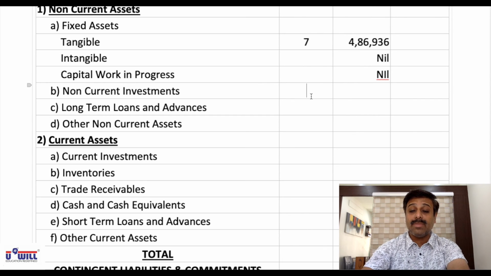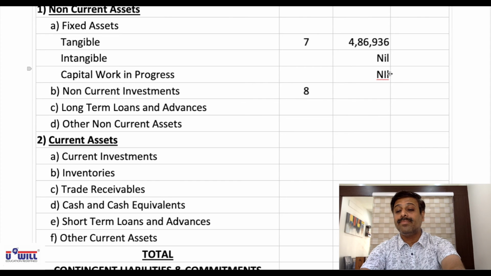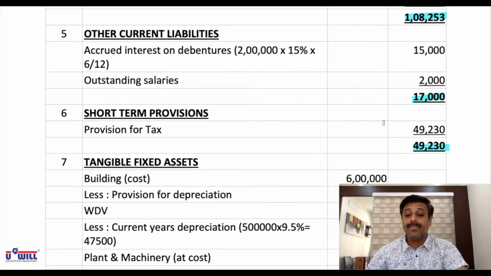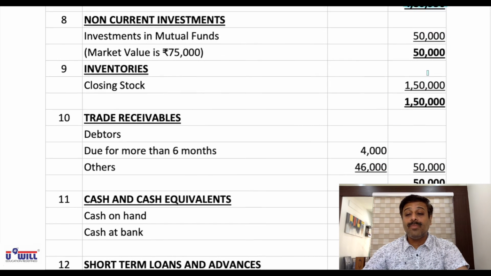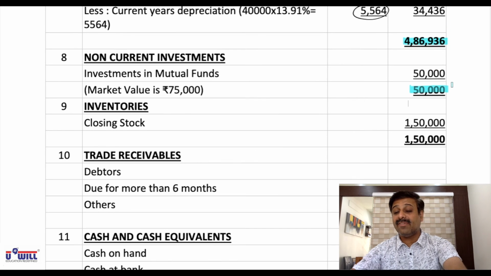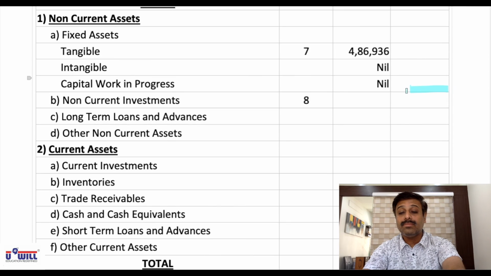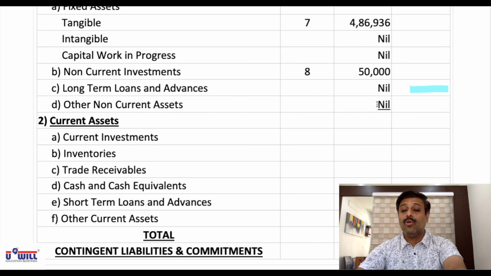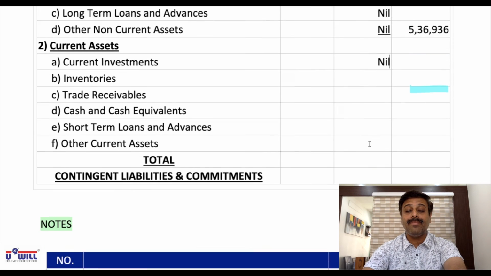Non-current investments we have from note number 8, 50,000. Long-term loans and advances nil. Other non-current assets nil. And total 486,936 plus 50,000, 536,936. Then current investments we don't have, nil.